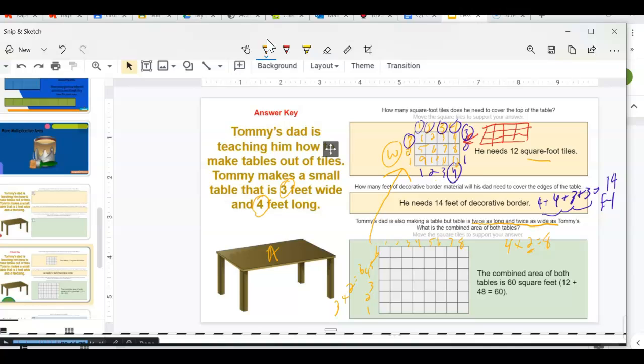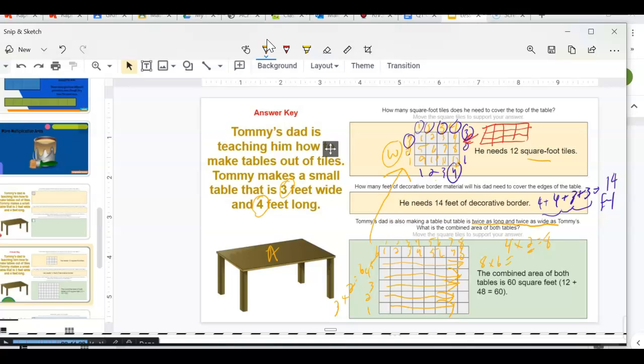Okay. So our area for this one, we're going to need to count them all up. So we've got 1, 2, 3, 4, 5, 6, 7, 8. So you got 8 in each one. So 8 there, 8, 8, 8, 8, and 8. All right, so we have 6 rows of 8. 8 times 6, so you can do the repeated addition.